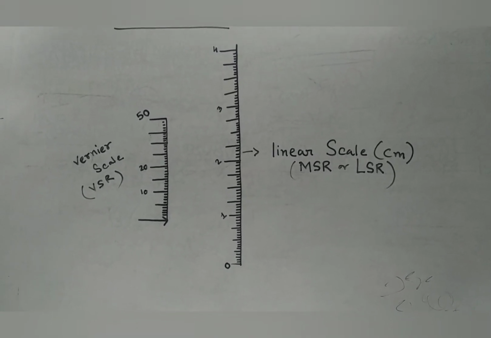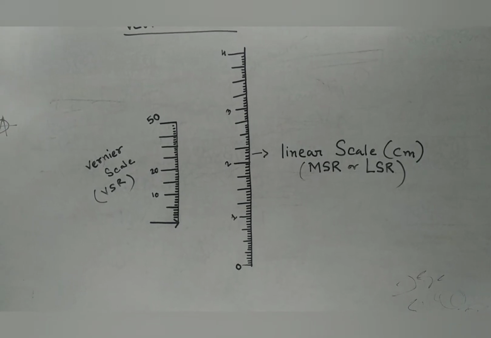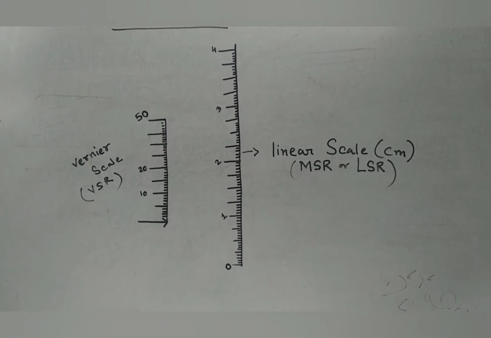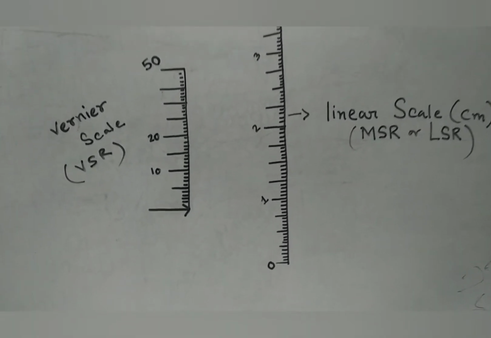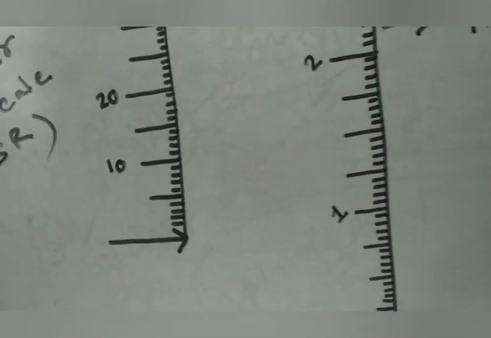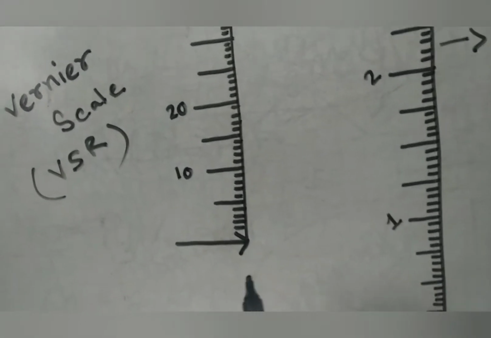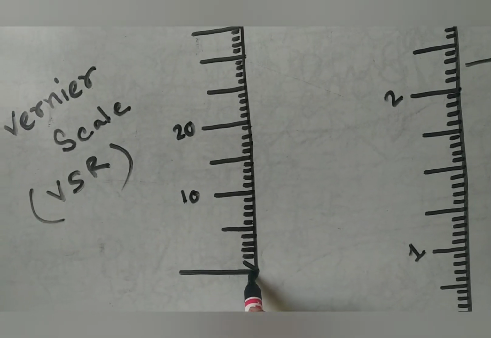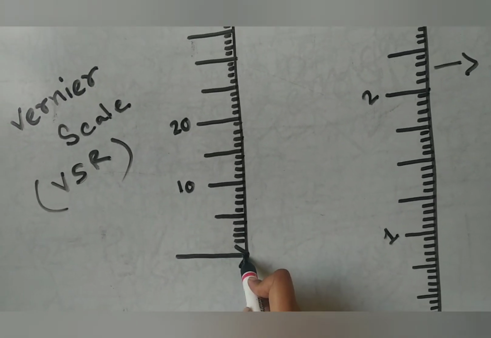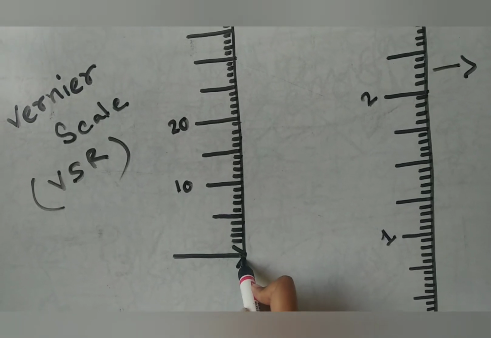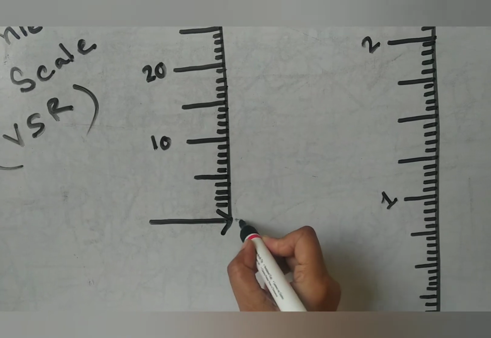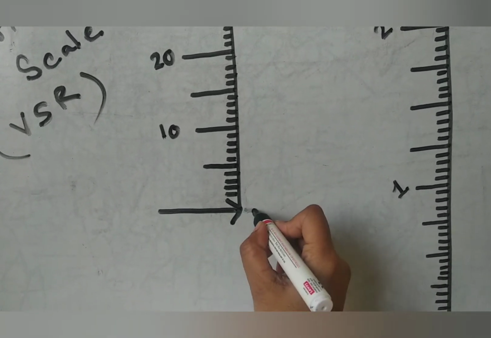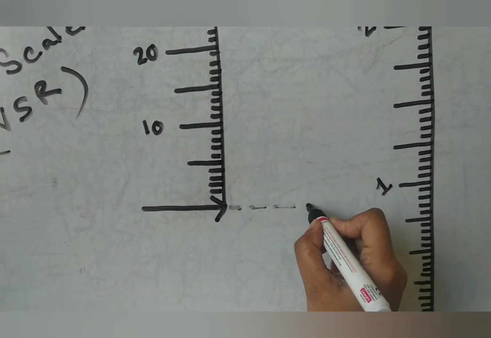That means in the Vernier scale, one division is 1 unit, but the Vernier scale has no unit. Now, how to take the reading? Wherever the Vernier scale division coincides with the main scale, we take that as the main scale reading.